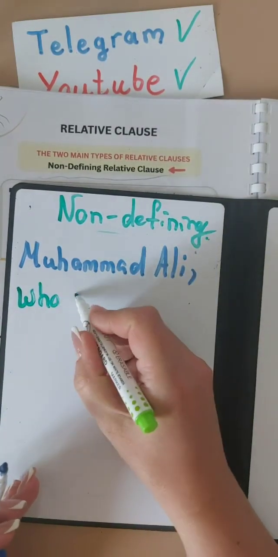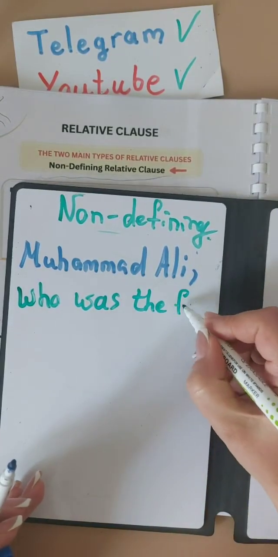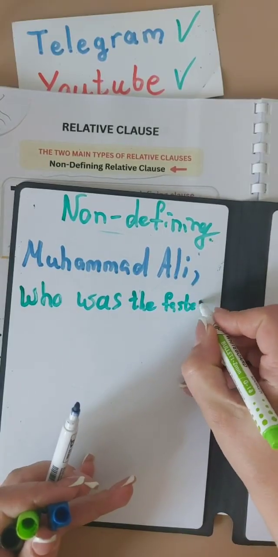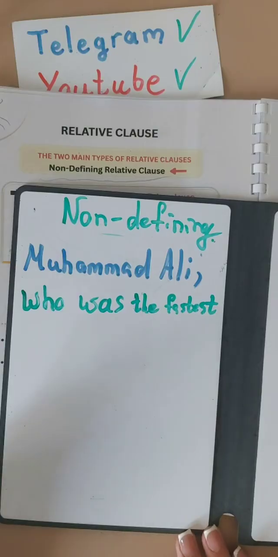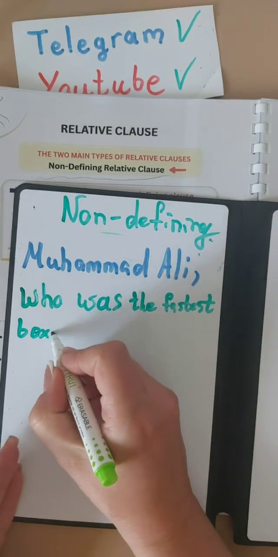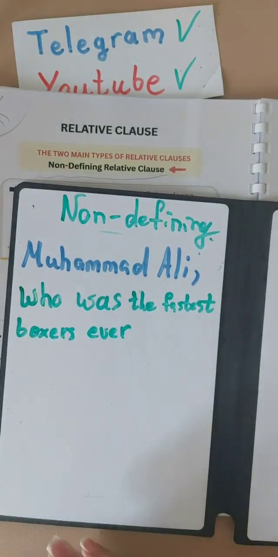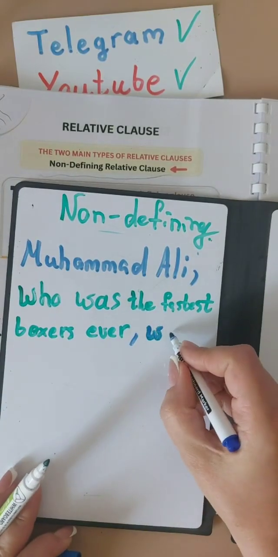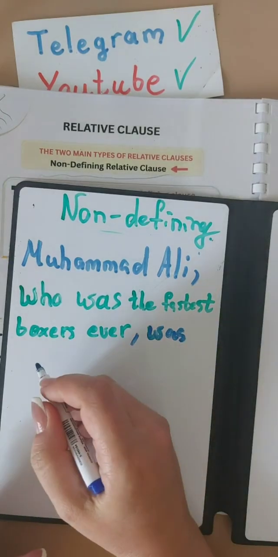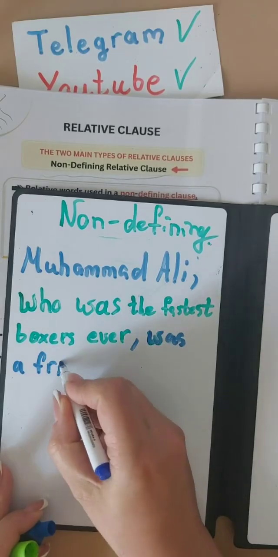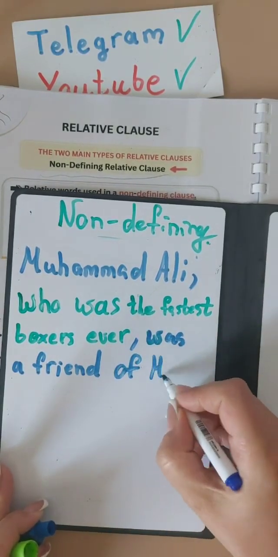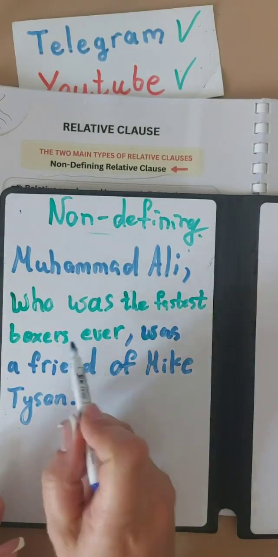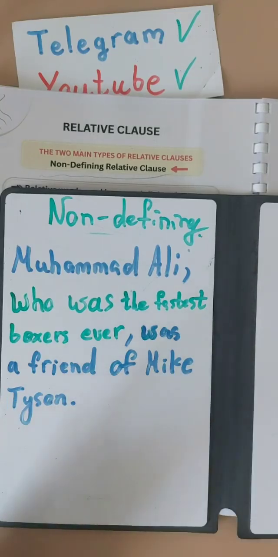Who was the fastest boxer ever, comma, was a friend of Mike Tyson. Muhammad Ali, who was the fastest boxer ever, was a friend of Mike Tyson.